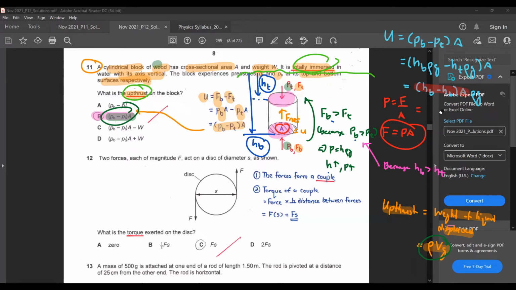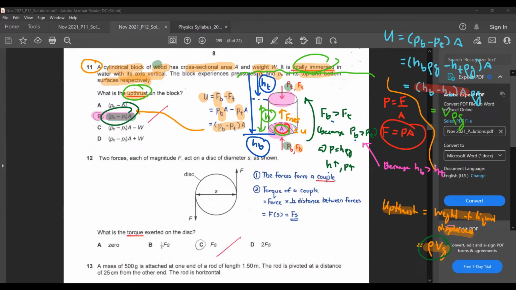Okay, I better use a different color. HB minus HT is actually the same as the height of your cylinder. The height of your cylinder multiplied with your area gives you volume. So this one will be volume rho g.